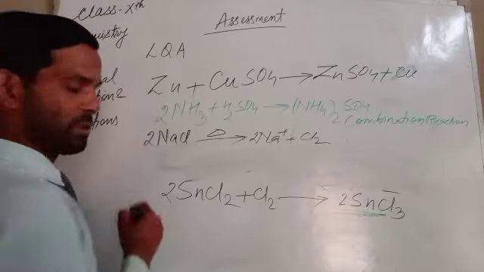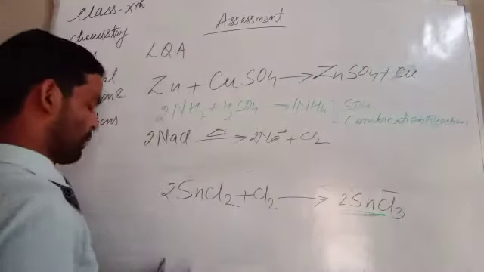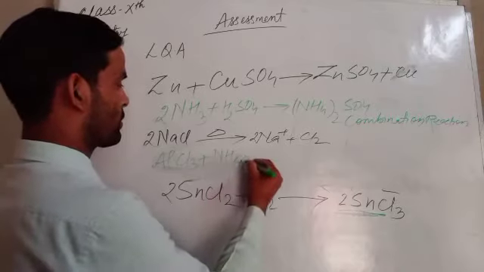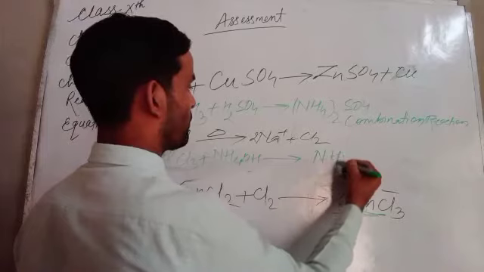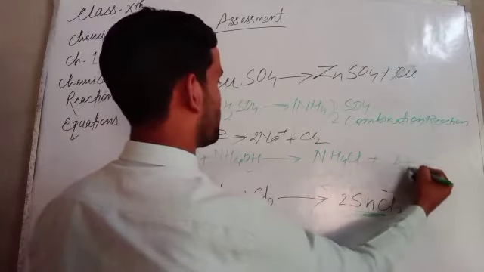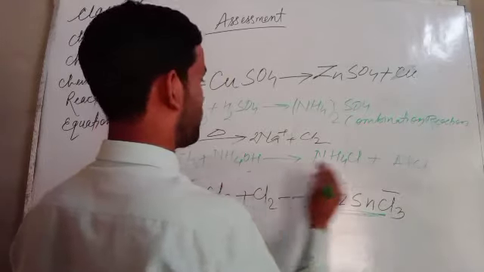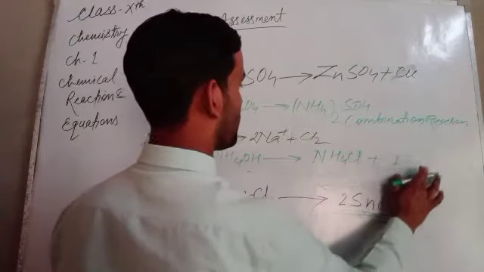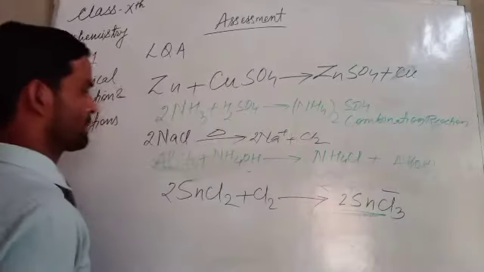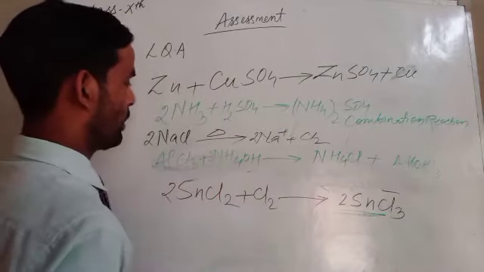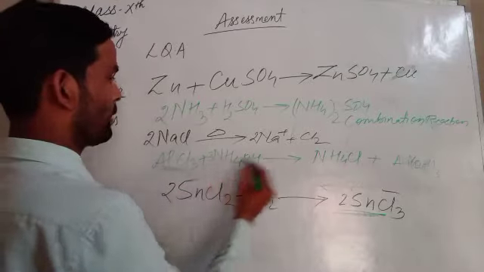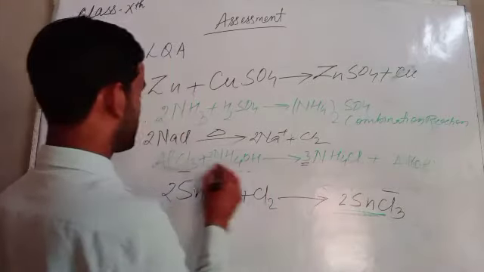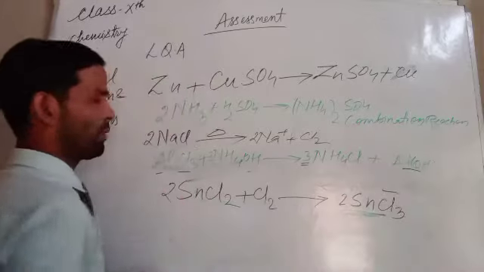Next, AlCl3 plus NH4OH will form NH4Cl plus Al(OH)3. So 3 molecules of NH4Cl, 3 Cl, and 1 molecule of Al. This is the equation.